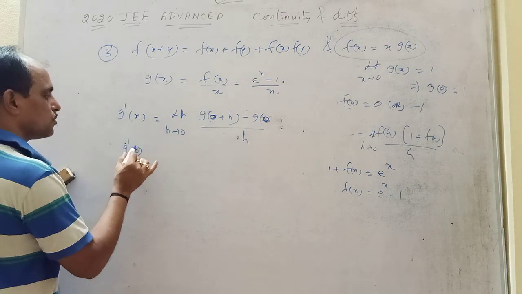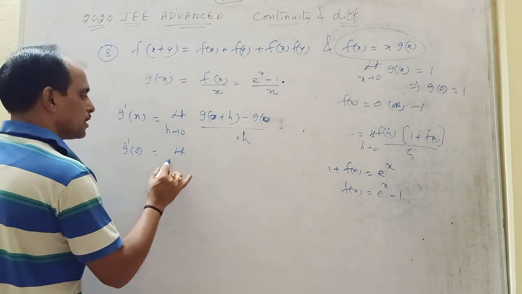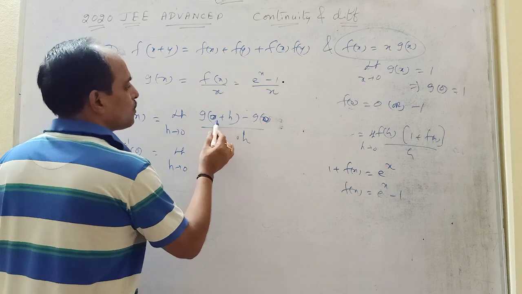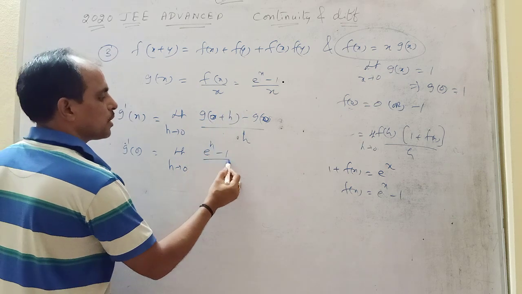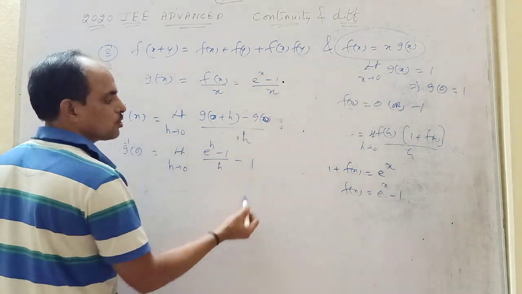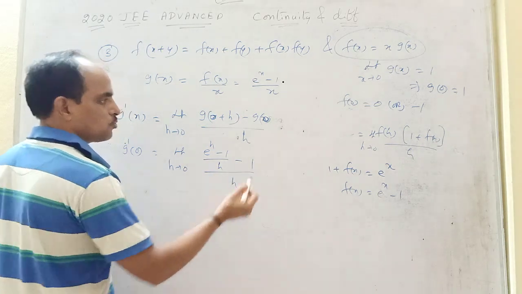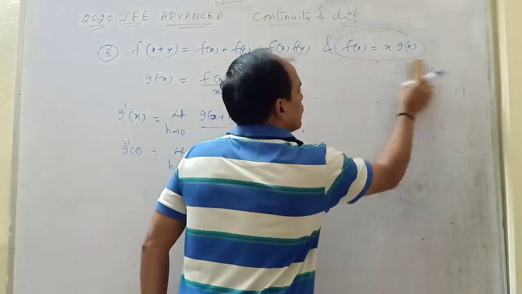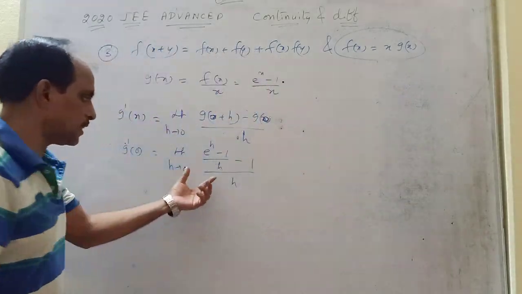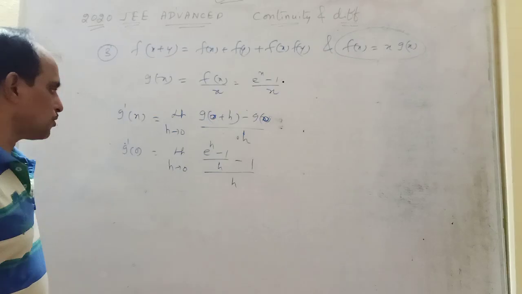Now g dash of 0 is the limit as h tends to 0 of g of h, that is e power h minus 1 by h, minus g of 0 which is 1, all by h. We know the value of g of 0. Let us find whether it is differentiable or not.